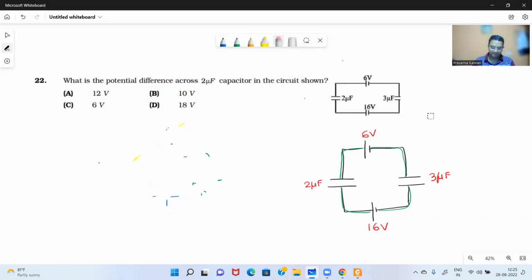Clear? But here, the capacitors are connected in series. That is the first thing to understand.